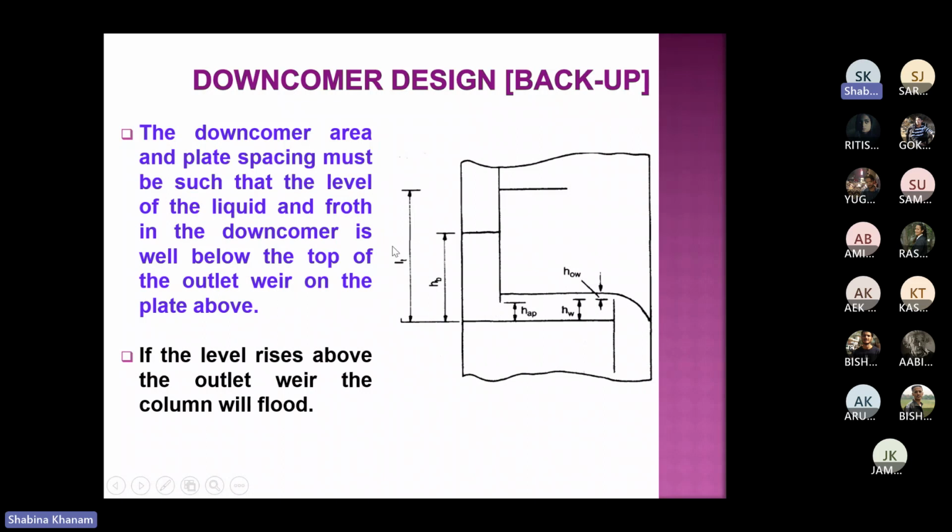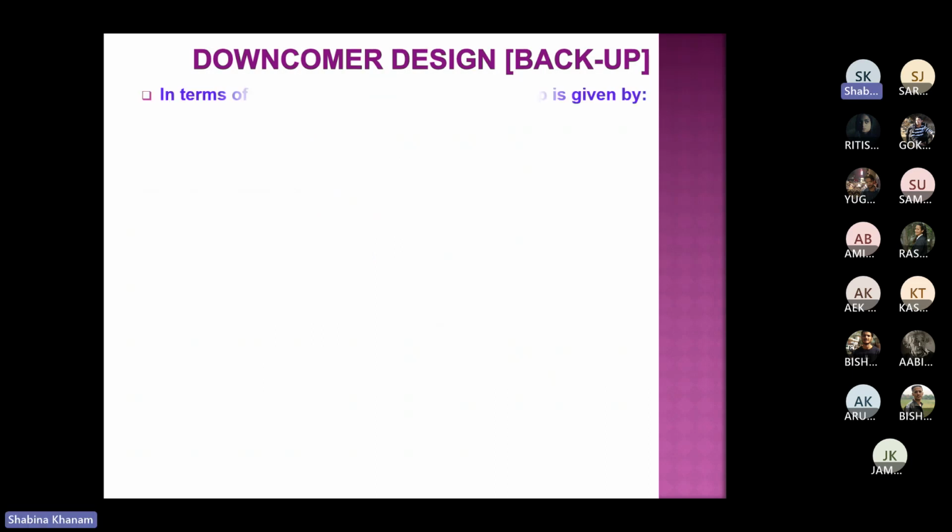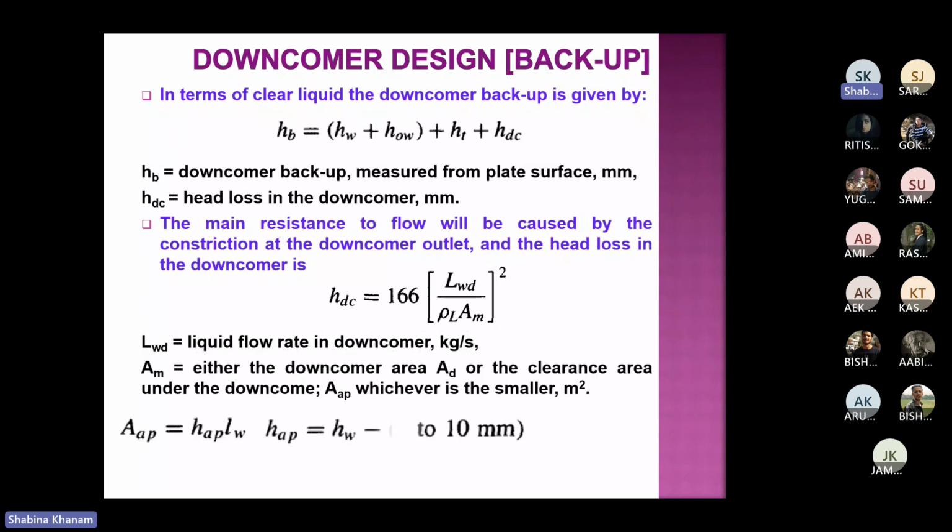It's not half of this LT. HB should not be more than half of LT plus HW. So that condition we need to satisfy. If it will not be satisfied, what we need to consider? We need to increase LT.